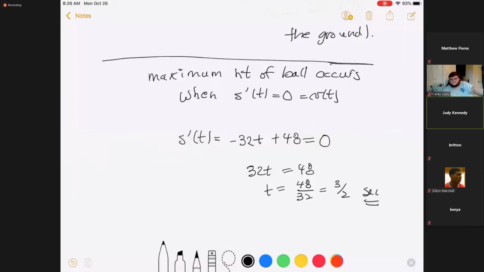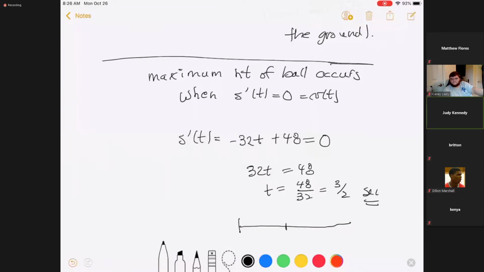And let me check my intervals. There is going to be a finite interval involved here. I don't know when that last number is, because that's the answer to the third question.